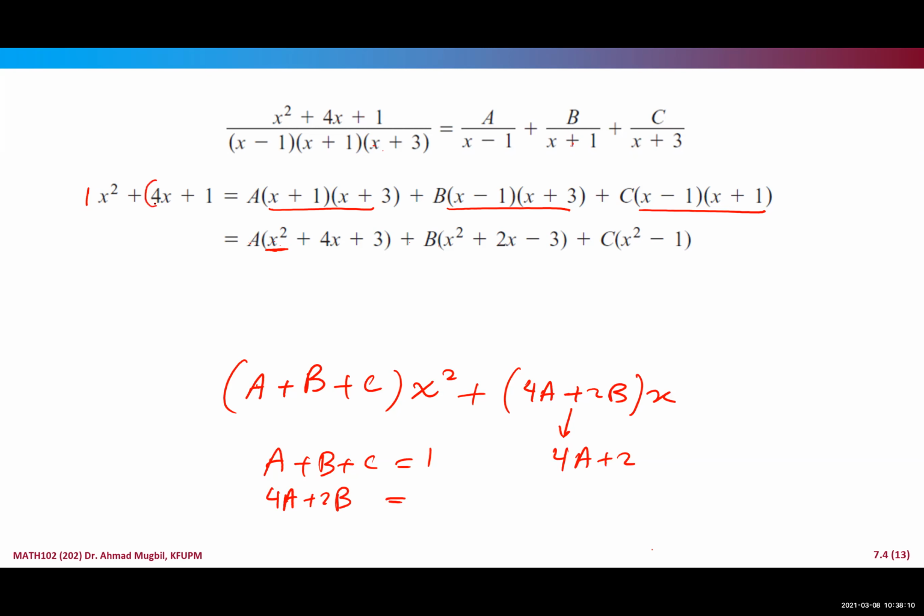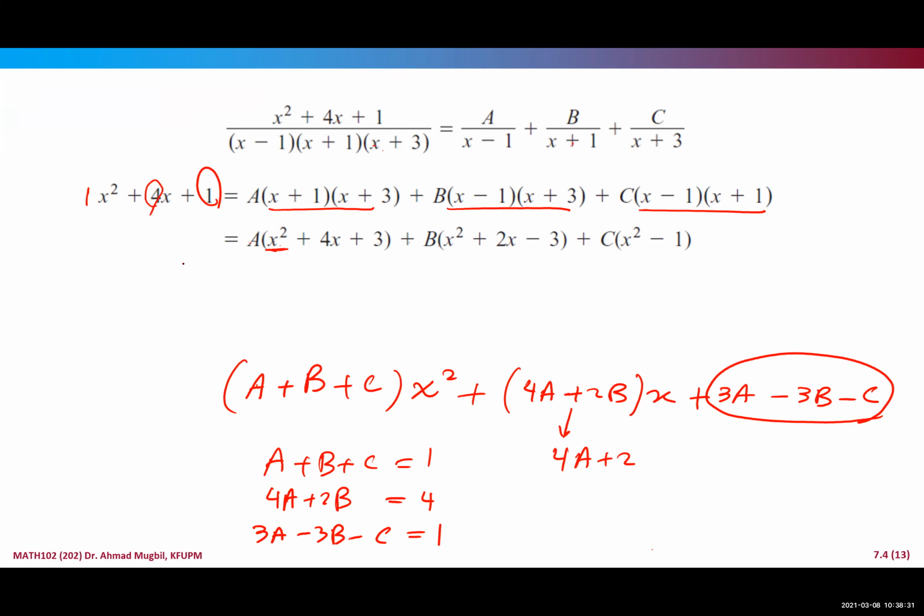The coefficient of x here, what is it? 4. And the last thing, Shabab, is the constant. What is the constant here? 3A minus 3B minus C. Now this one must be equal to what? Must be equal to 1, the constant here.